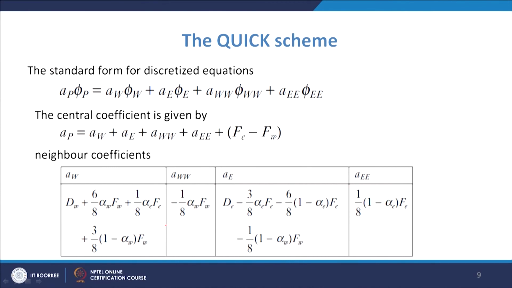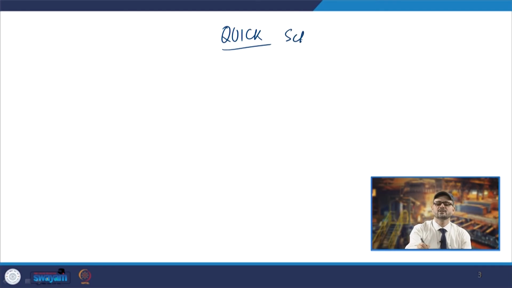the QUICK scheme. In this scheme, basically, you have the two nodes on the two sides, and we also take one more node on the upstream side. So, in the case of the QUICK scheme, this is based on the quadratic form, that is, the quadratic upwind differencing scheme.